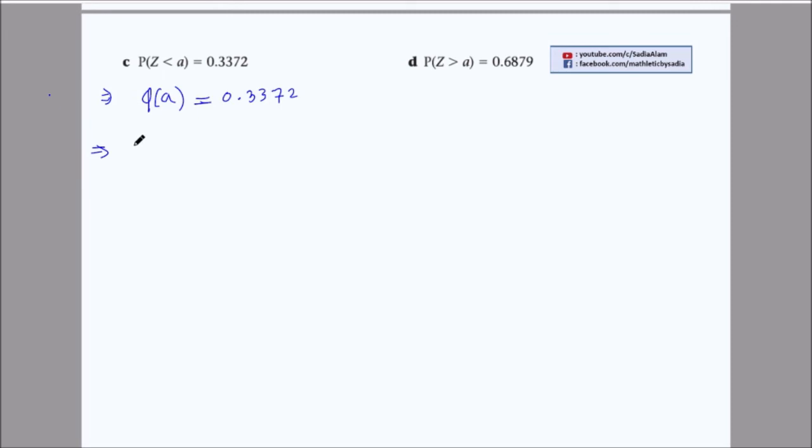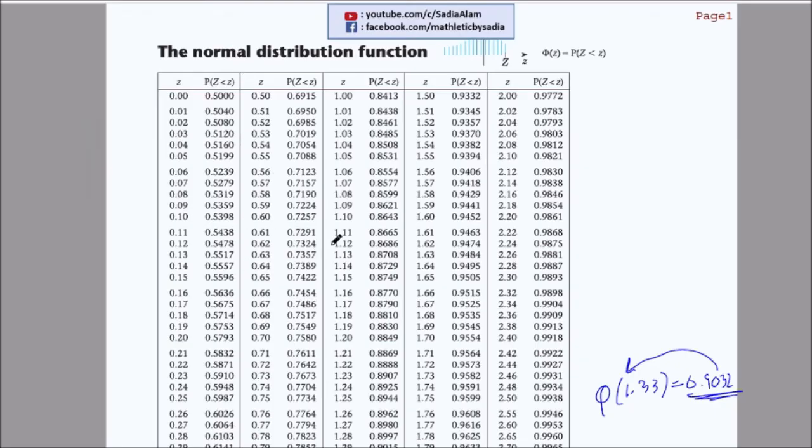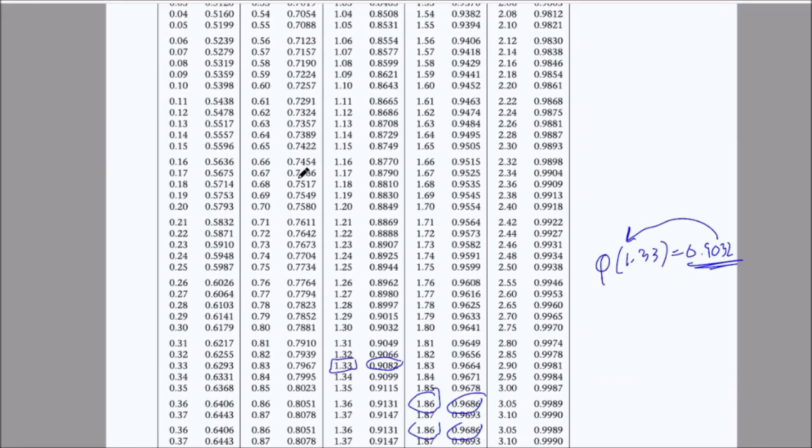So I will just use 1 minus on both sides, 1 minus phi of A and 1 minus this thing. So at the right side we will get 1 minus 0.3372, that will be 0.6628, right? You deducted this from 1, so obviously this will be greater than 0.5. So 0.6628.